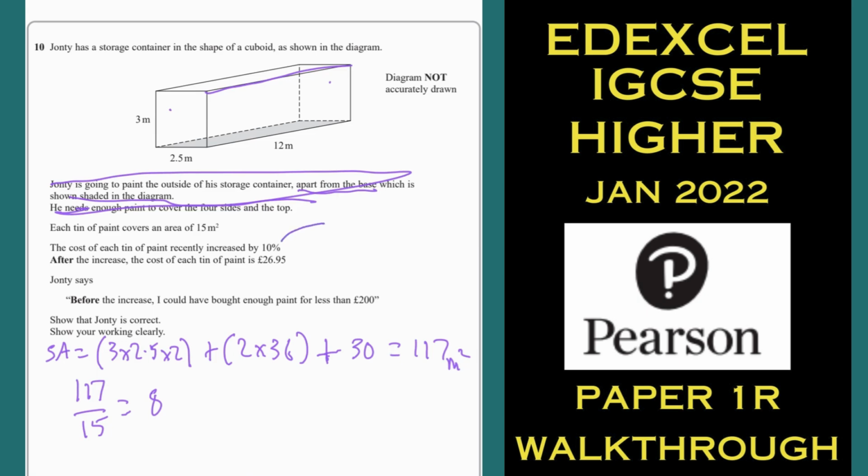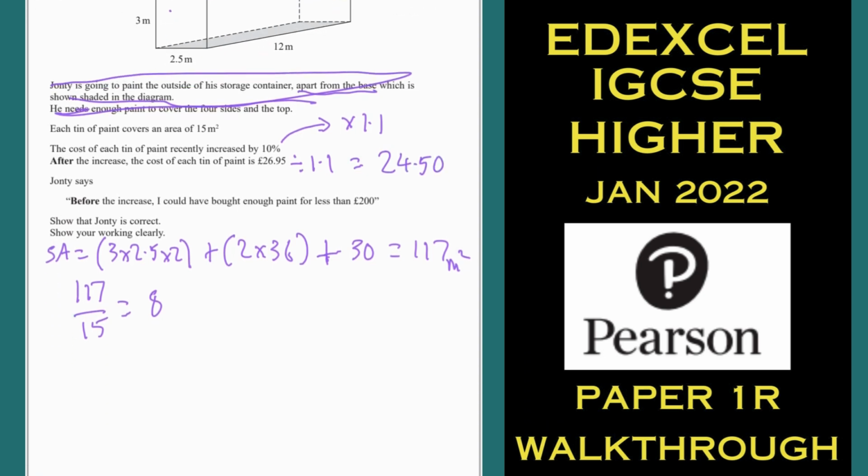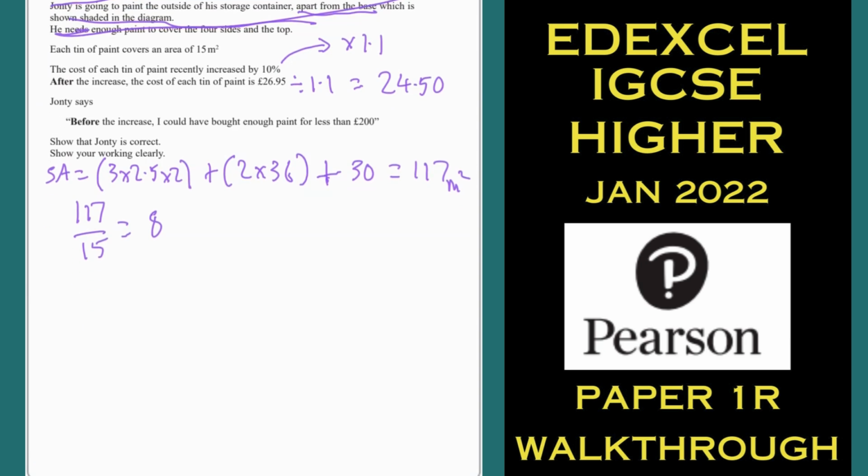If something's increased by 10%, your multiplier is 1.1. But as you'll know from reverse percentages, although we refer to it as a multiplier, you work backwards. You need to divide by 1.1. And that means before the price increase, each tin of paint was £24.50.